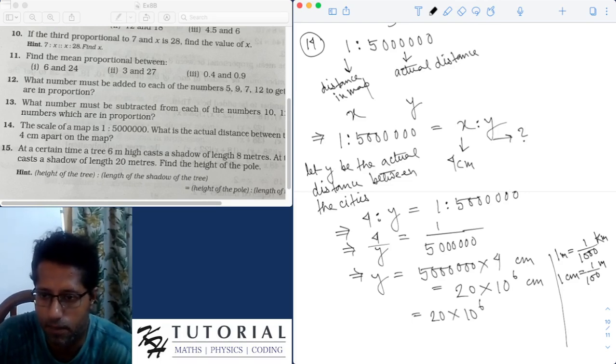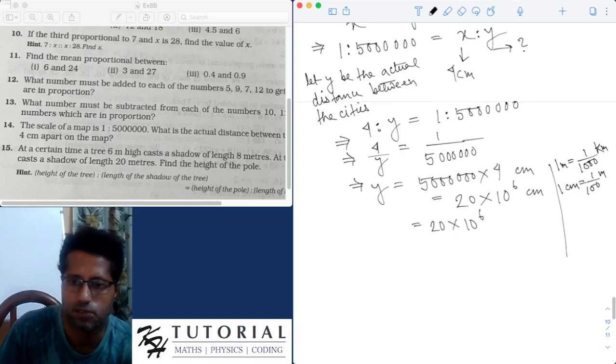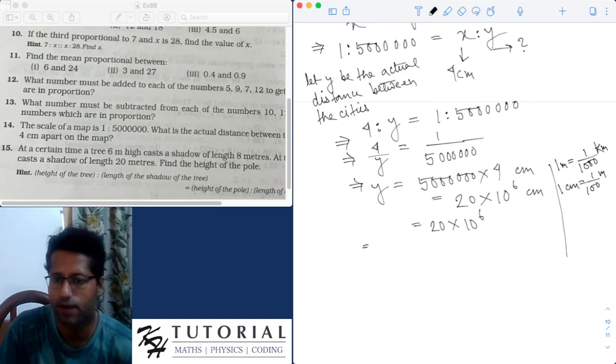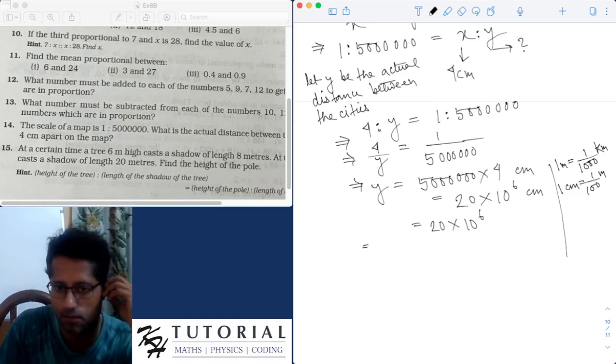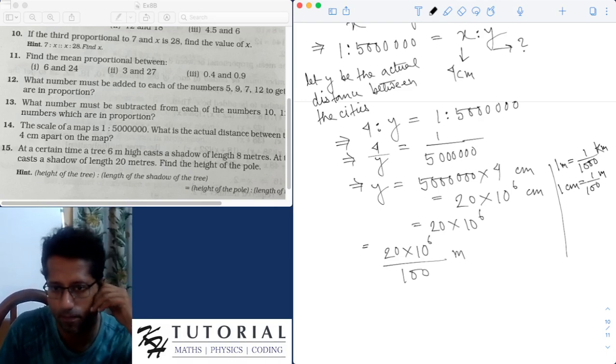So basically if you divide 20 into 10 to the power 6 by 100, we get this much meter.